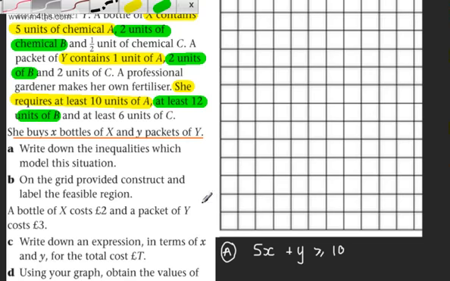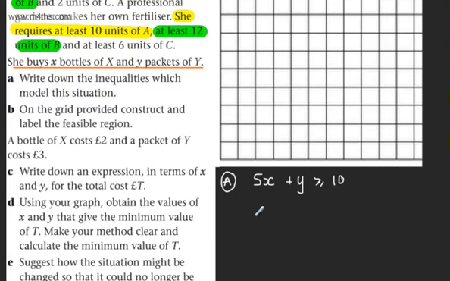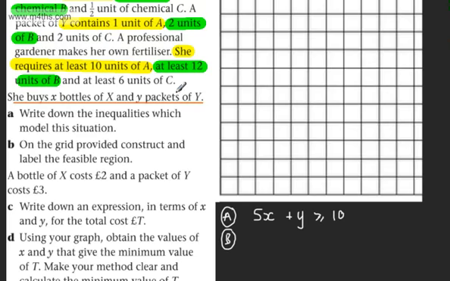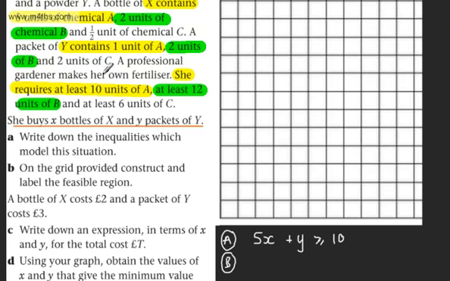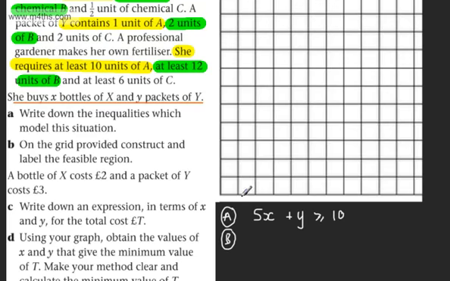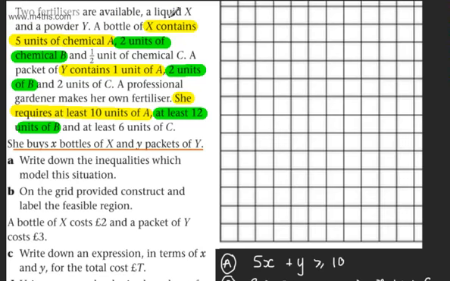So our second inequality is going to involve the chemical B. So what we've got here now is 2x plus 2y must be at least 12. We can simplify that inequality to give us the constraint of x plus y greater or equal to 6.